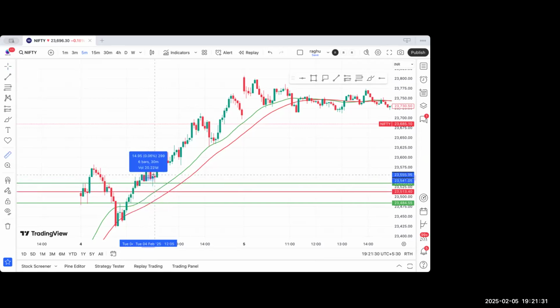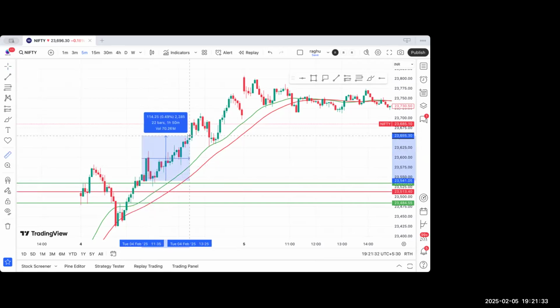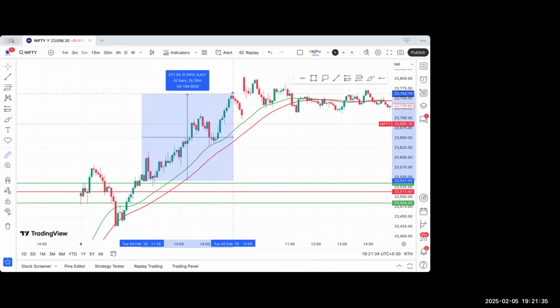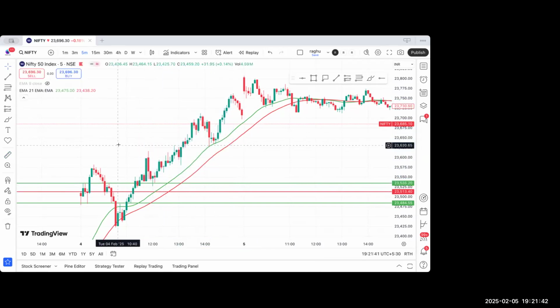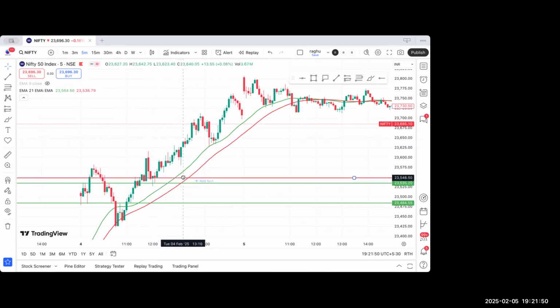Now, how to trail? You had opportunity till this, which is around 221 points. I am sure that nobody can manage 221 points in the same day. Now, the best part: when the EMA moves, your SL also moves.